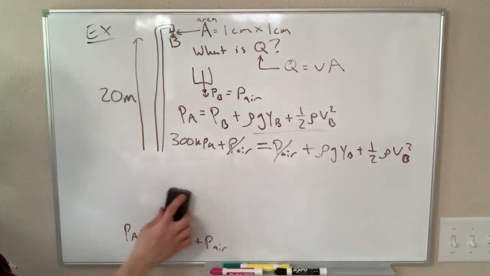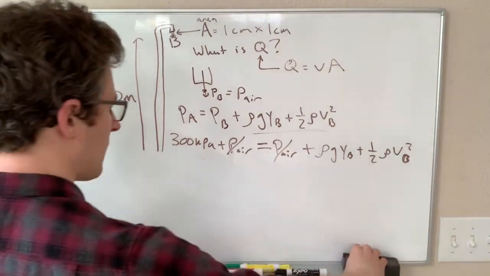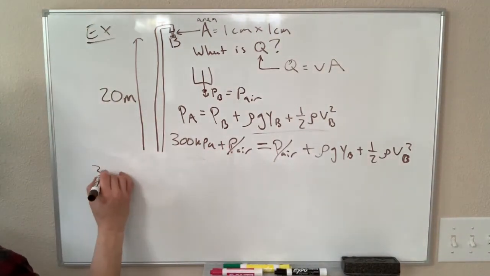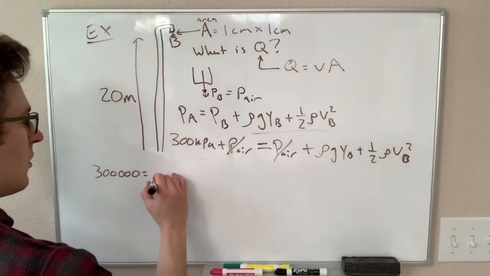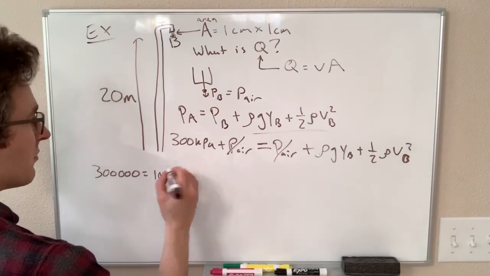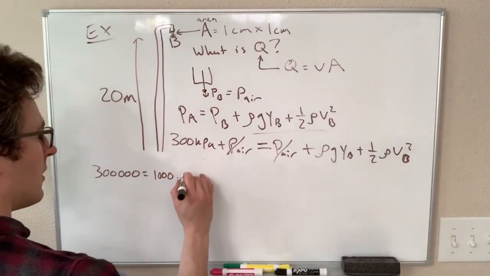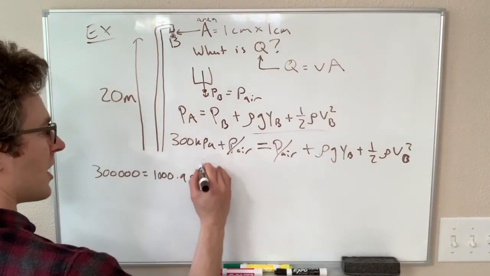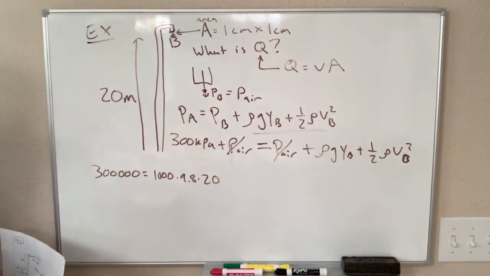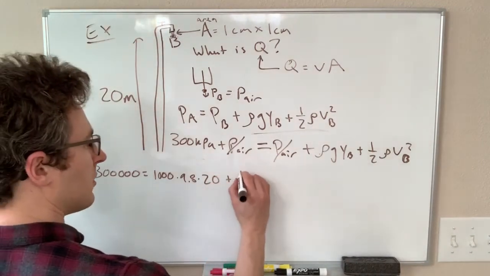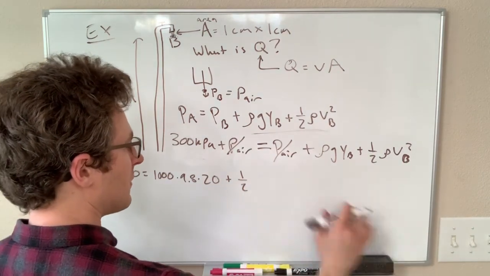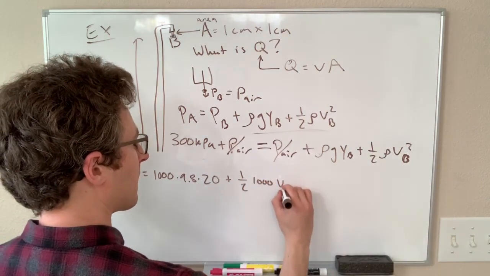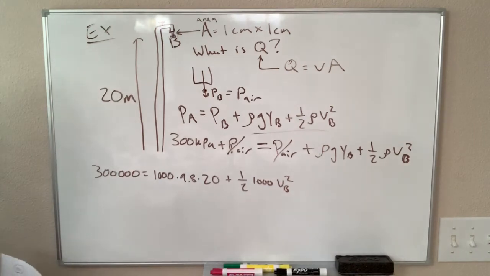So we have 300,000 is equal to rho, which is 1,000 if this is, again, water, times g times YB, 20 meters, plus 1/2 rho, 1,000 still, VB squared. This is easy to solve.